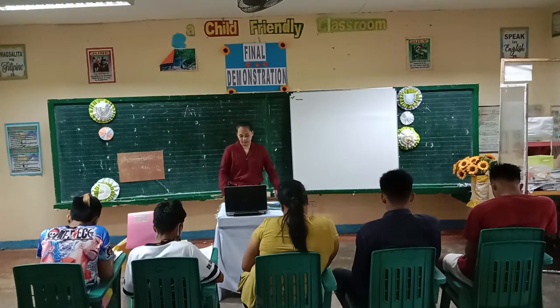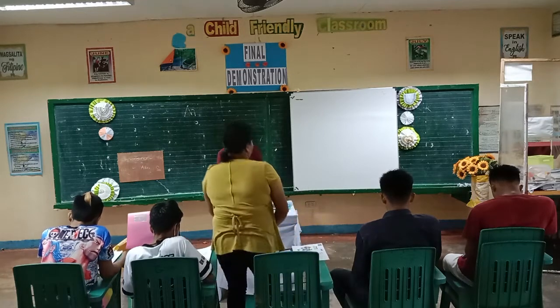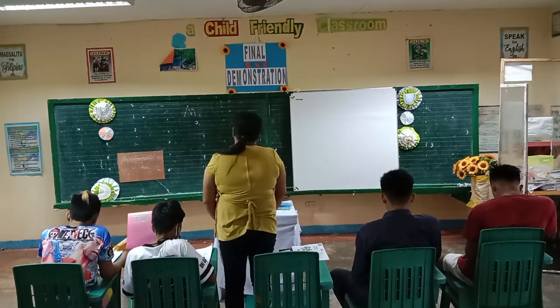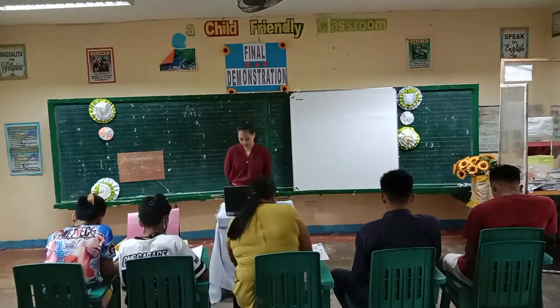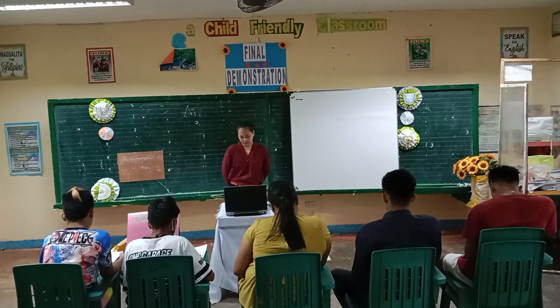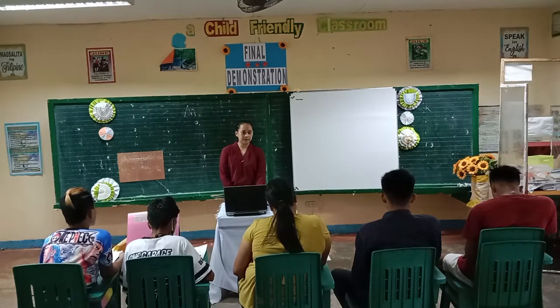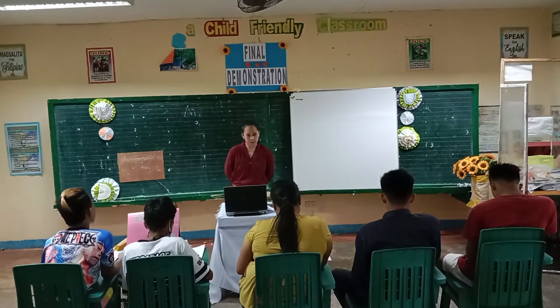Who can give the formula of a square? Ma'am, the formula of a square is area A is equal to side times side. So area A is equal to S times S. Okay, thank you. Very good, class. Do you have any clarification on the previous topic? None so far, ma'am. So, now we will proceed to our new topic.